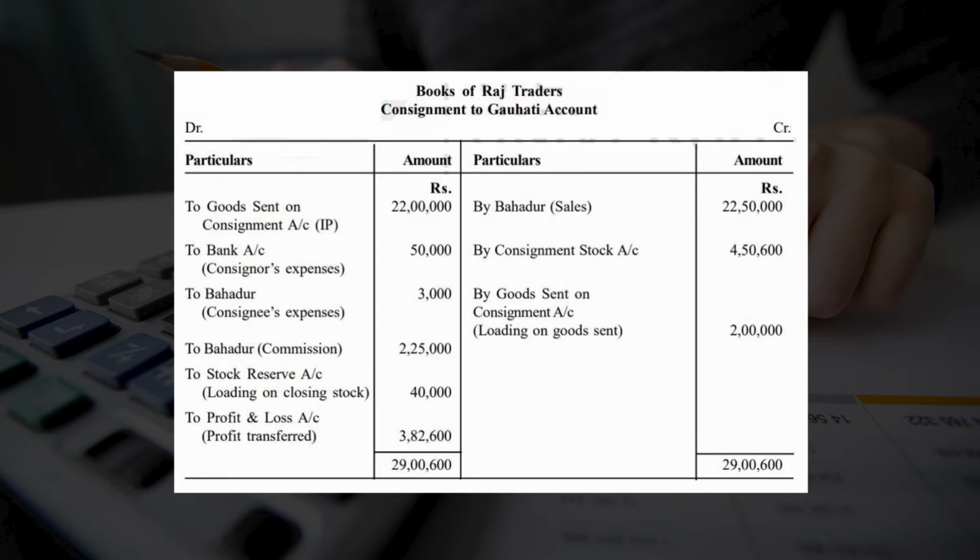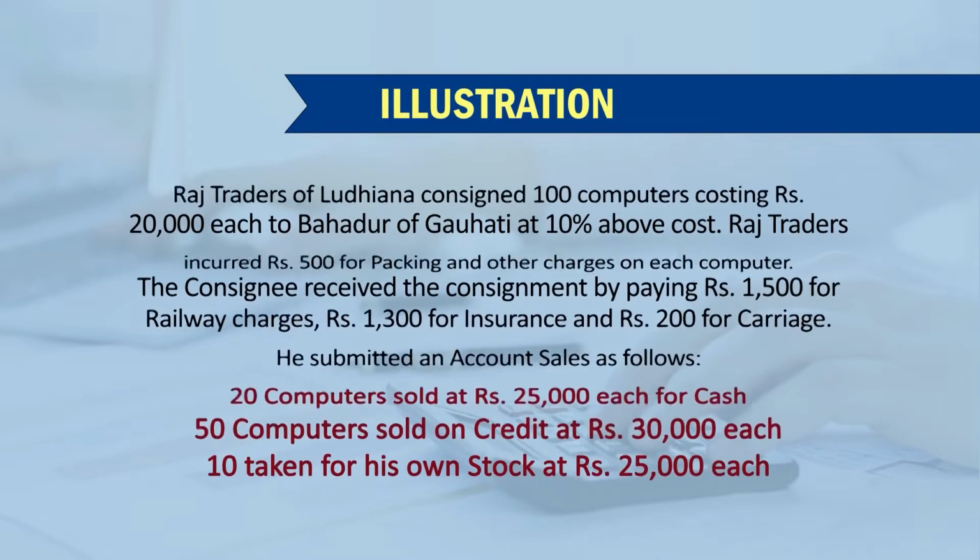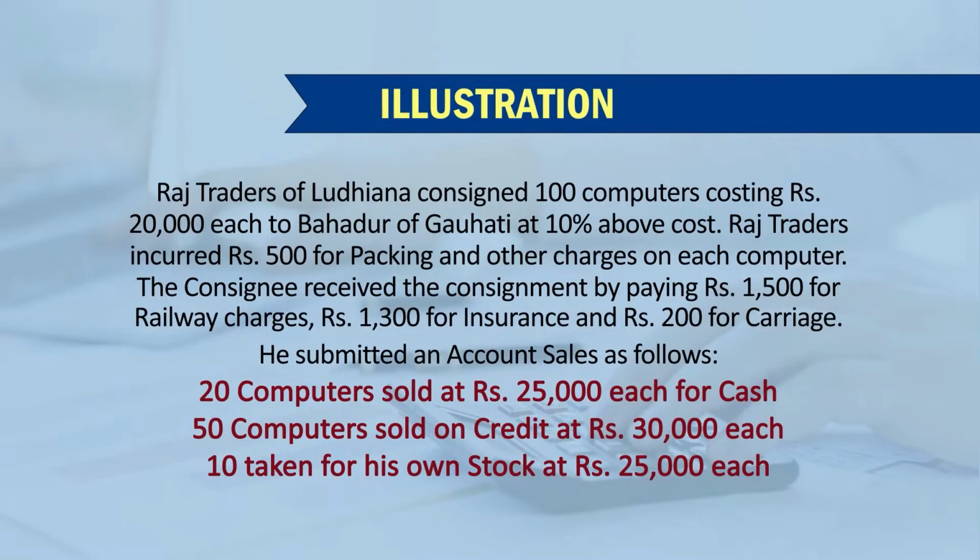The consignor will prepare the consignment account first. This is the debit side, this is the credit side. Let us see the debit side first. To goods sent on consignment: here you see 100 computers were sent at the cost of rupees 20,000 each. So 20,000 multiplied by 100 is 20 lakhs.